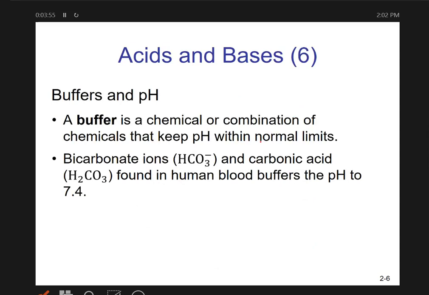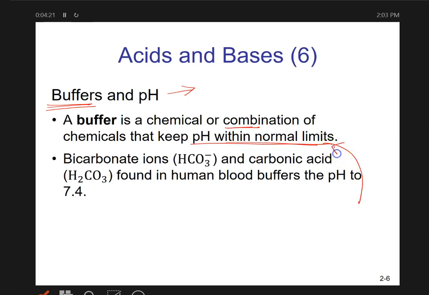But more than anything, important for us today, especially in biology, are buffers. So what's a buffer? A buffer is a chemical compound, basically a salt of a weak acid as well as a base or a conjugate base. It will help to keep the pH within normal limits.